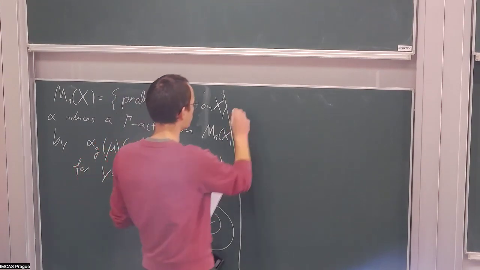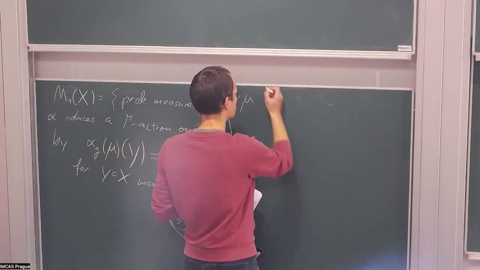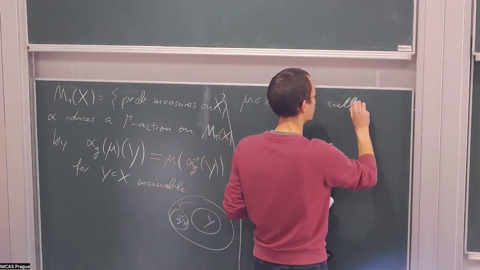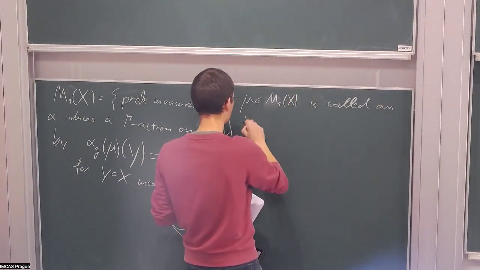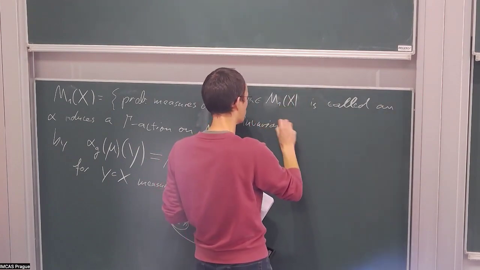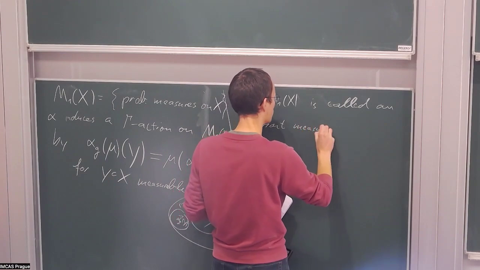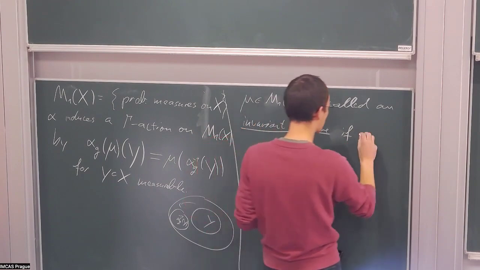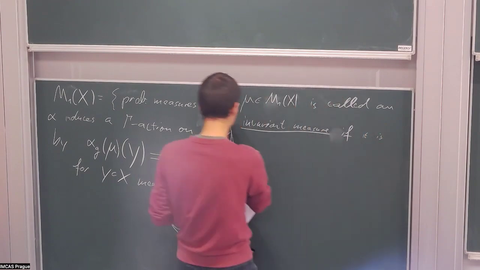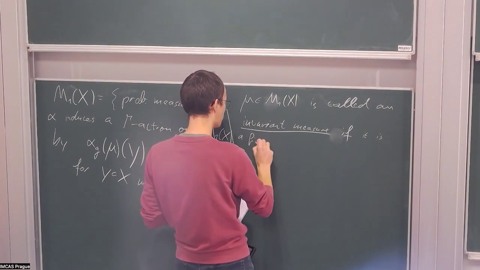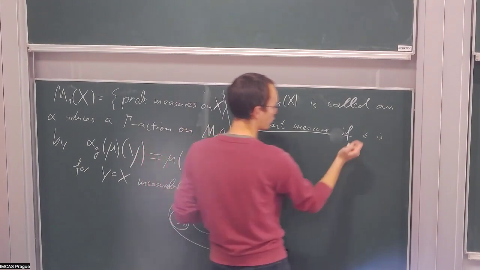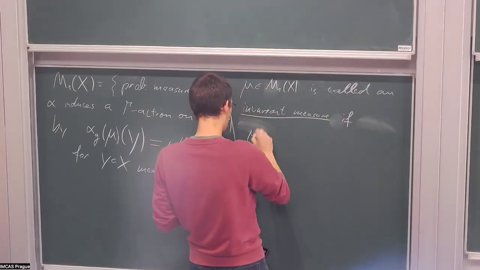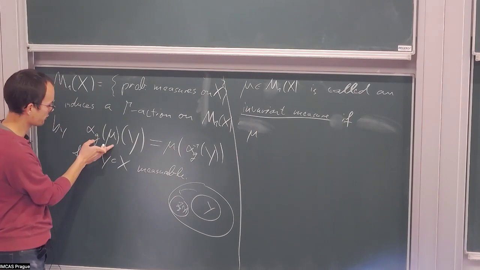And then mu is called an invariant measure if it's a fixed point of this action. Okay, I didn't define fixed points now. Say, it's invariant under this action.